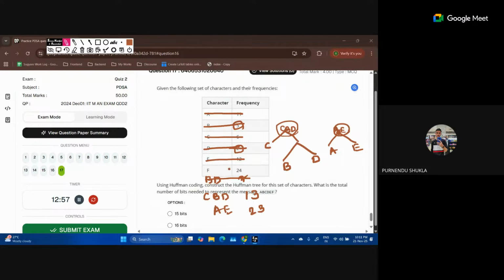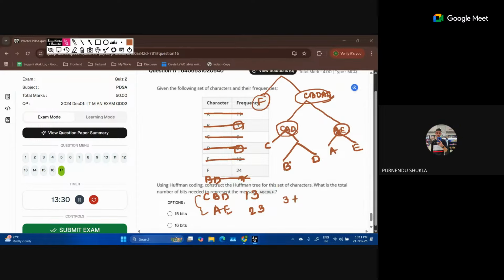Then I take CBD and AE, and these two will be merged. So this will become CBDAE, and this will be merged with F. Now find the code lengths for ABCDEF.